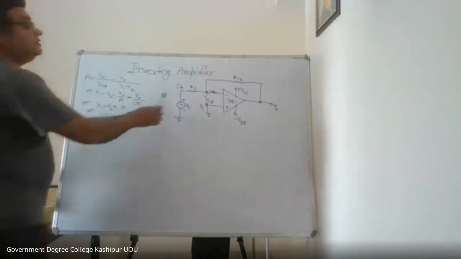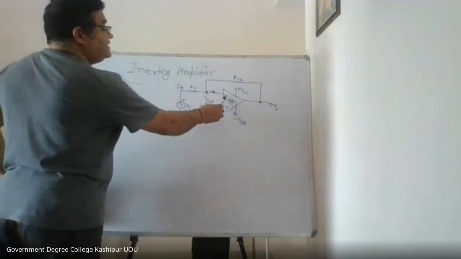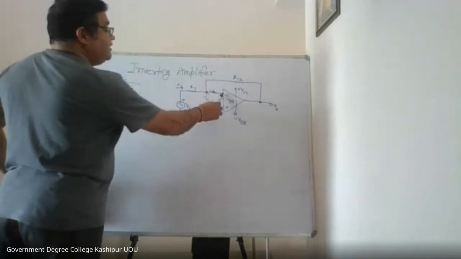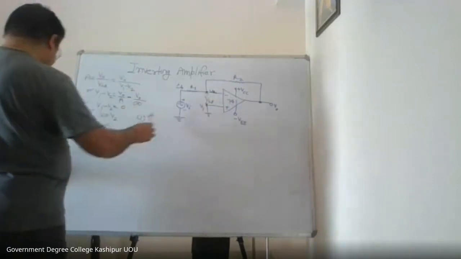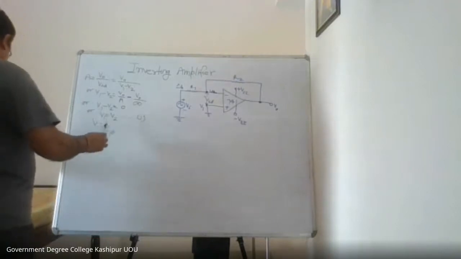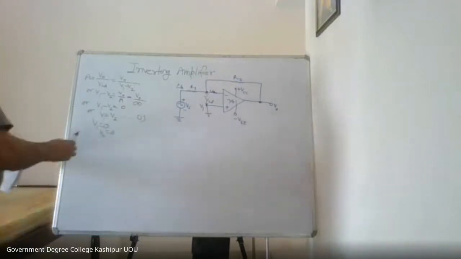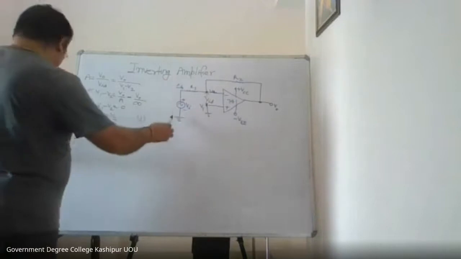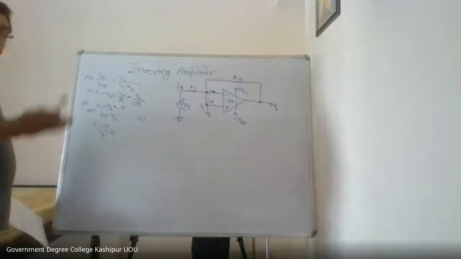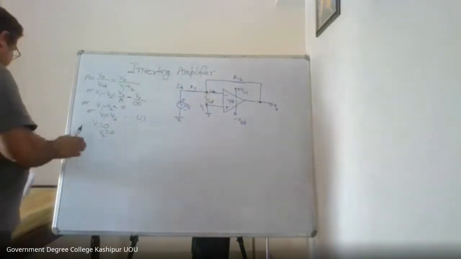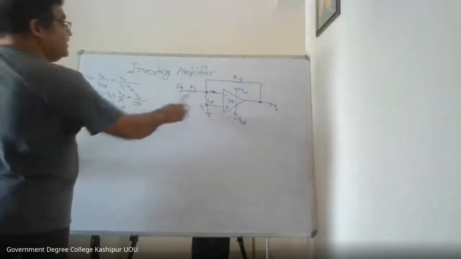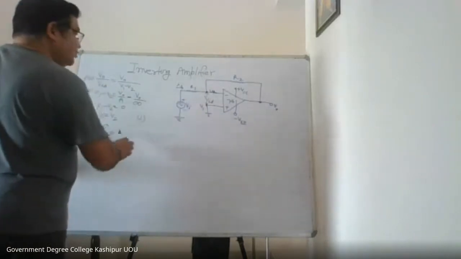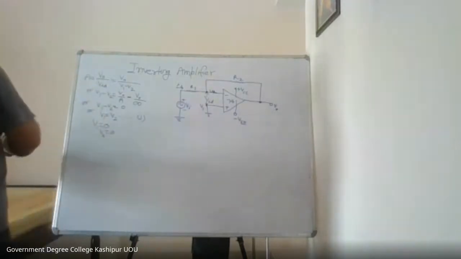You see, this terminal is the minus terminal, the inverting terminal, and it is at virtual ground. Virtual ground means the terminal is not actually connected to the earth, even then the voltage at the terminal is 0. That is why this is the virtual ground.